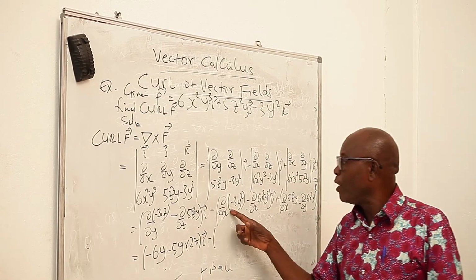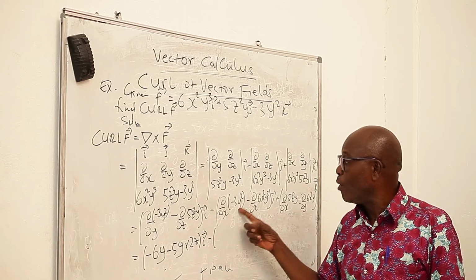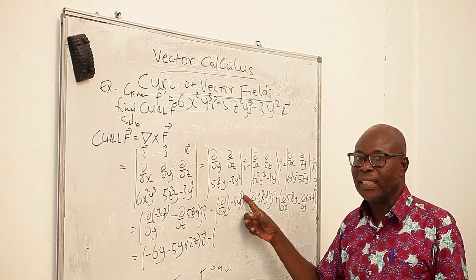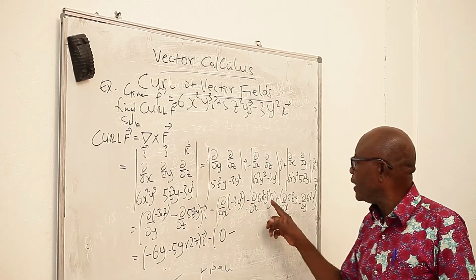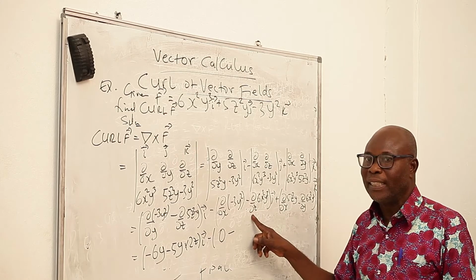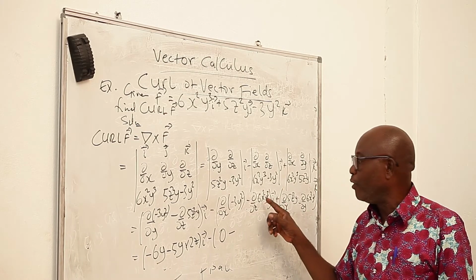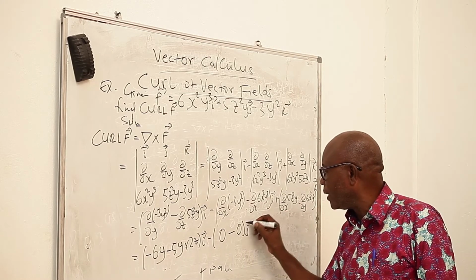Now, if you differentiate minus 3y squared with respect to x, there's no x component. So minus 3y squared is a constant. If you differentiate a constant, you get 0. Minus, if you differentiate 6x squared y cubed with respect to z, there's no z component here. So all these are constants. If you differentiate a constant, you get 0. So minus 0 in the j direction.